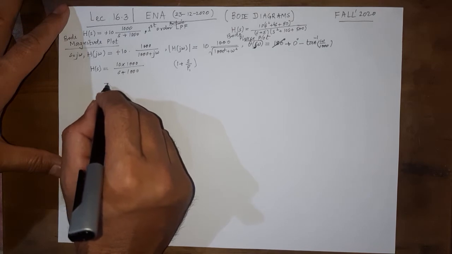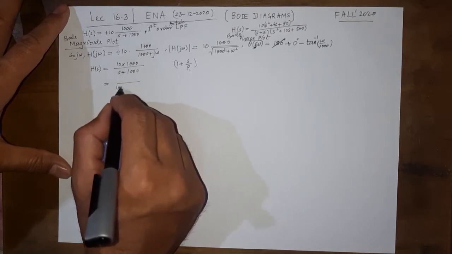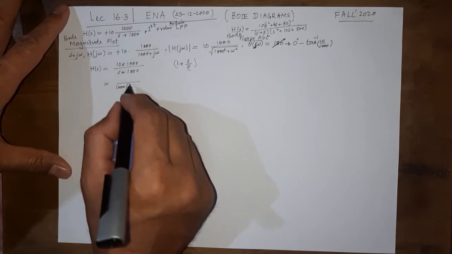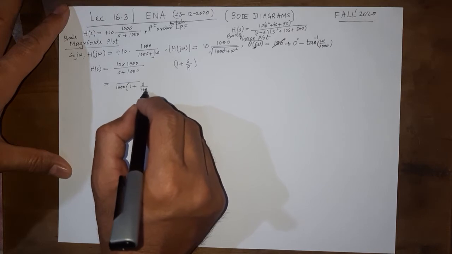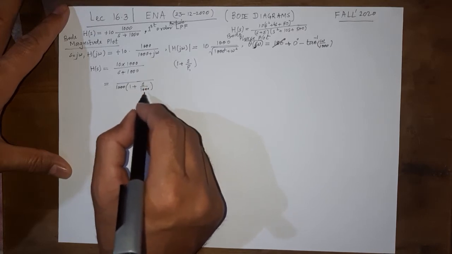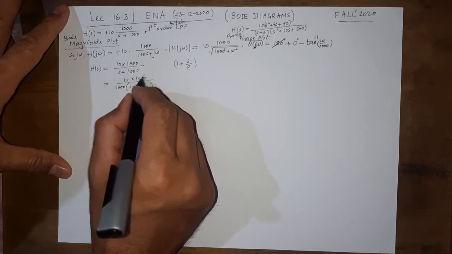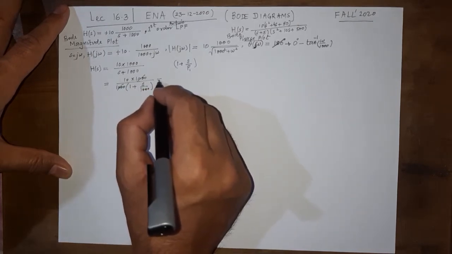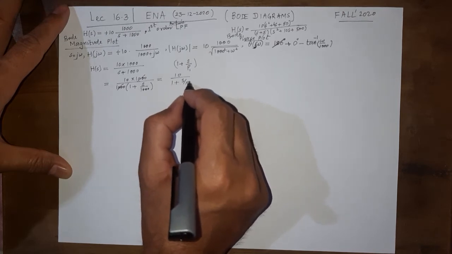So in order to get this transfer function to that form, we need to take this 1000 out, and the rest can be written as 1 plus s over 1000, and then this 10 times 1000 over 1000 would make this equal to 10 over 1 plus s divided by 1000.